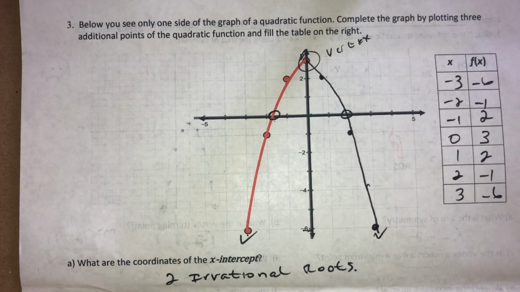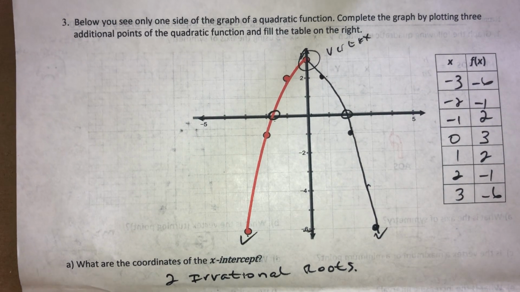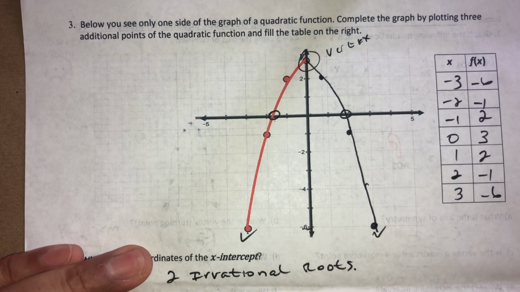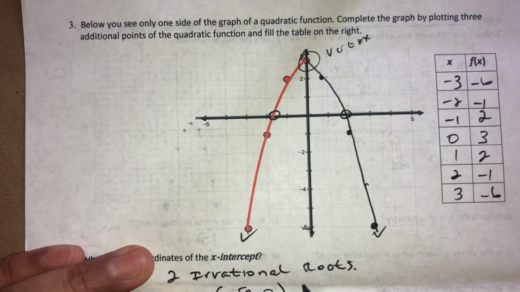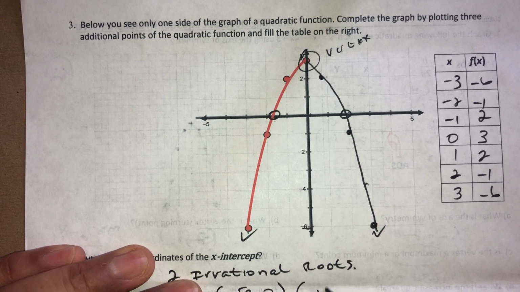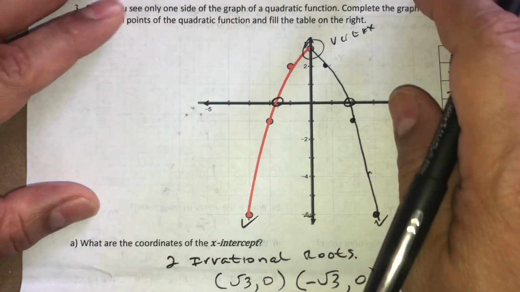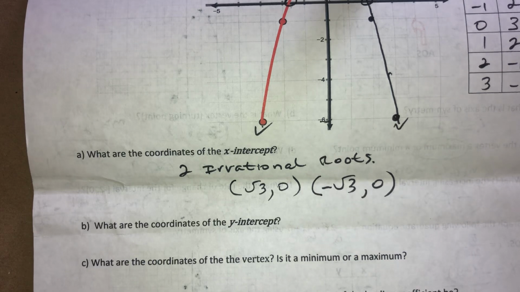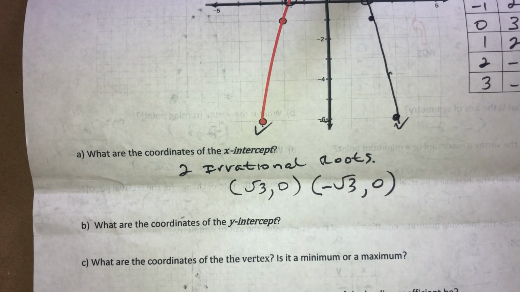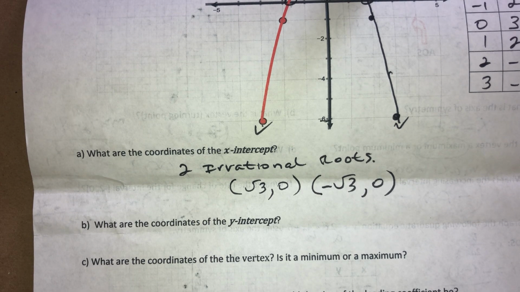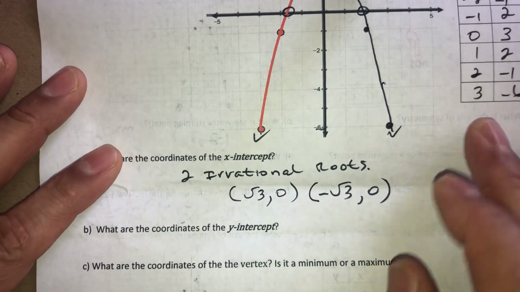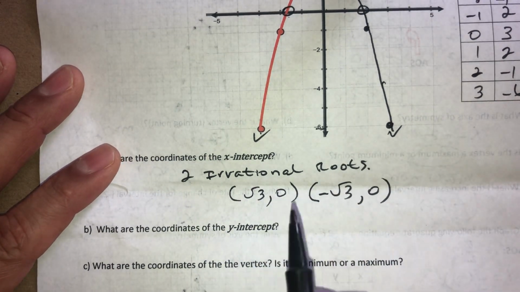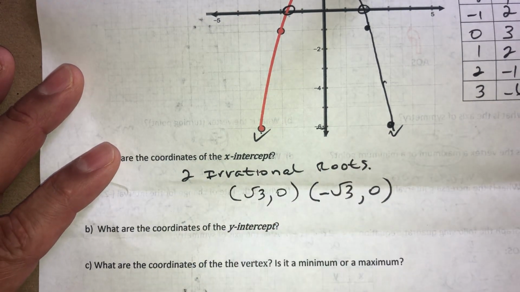And just for you to know, those roots are, because I already did it, radical 3, 0, and negative radical 3, 0. I'm going to show you later on how to find the x-intercept. But for now, we're going to just leave it like that. So in a future lesson, I will explain that to you. You don't have to do that on the homework because I didn't ask you for anything like that.